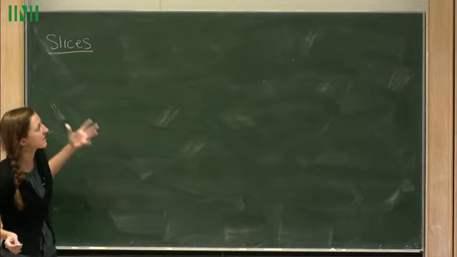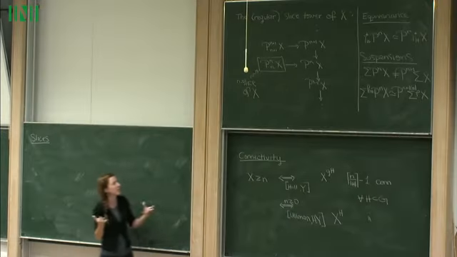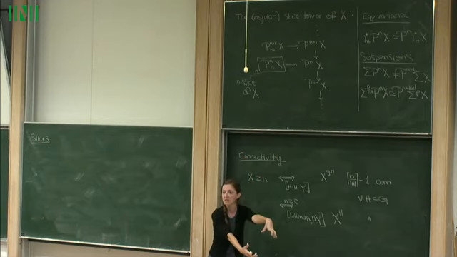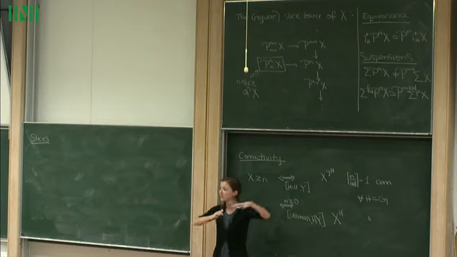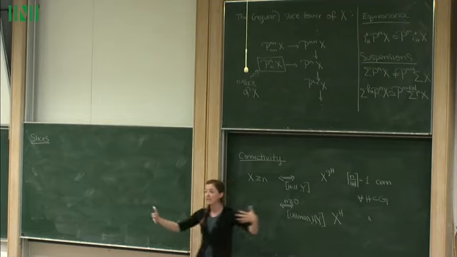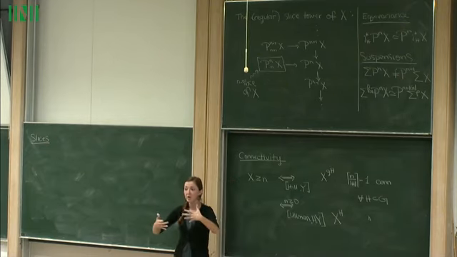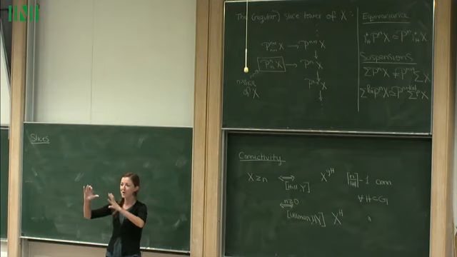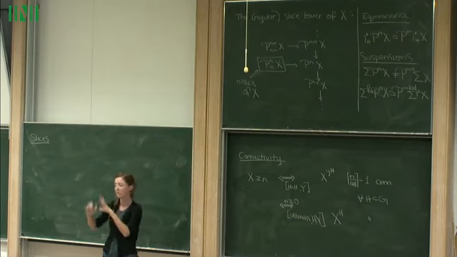What's an n slice really encoding? It's kind of encoding the difference between the nth object in our tower and the n minus first object in our tower. But if we're killing maps from objects that are less than n connected, things get kind of messy, right? So we're not seeing the true Postnikov layer where the fiber is just one non-trivial homotopy group.